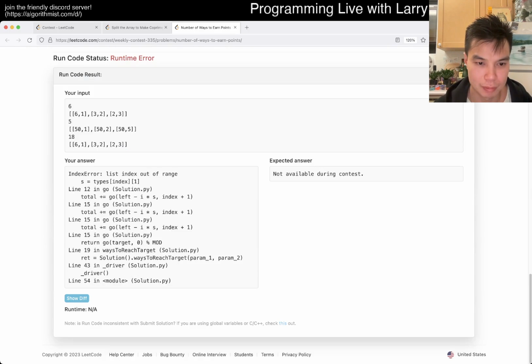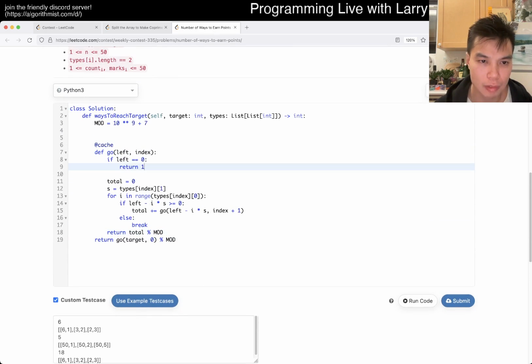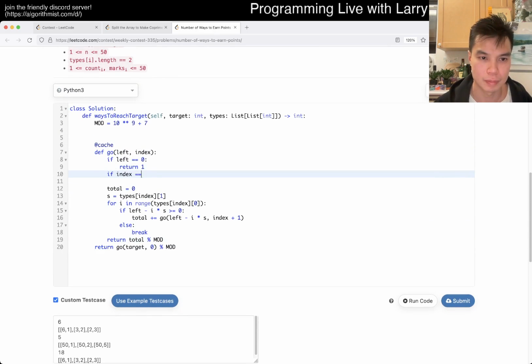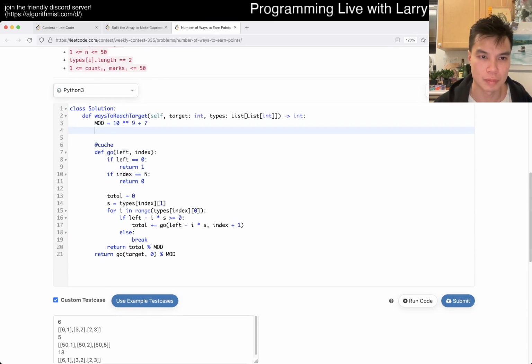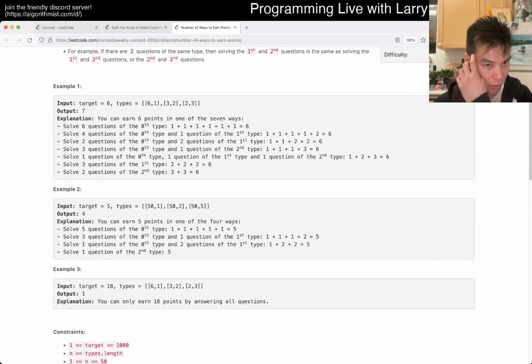What? Really? Did I misunderstand it? This should be roughly right. Wait, why am I getting it wrong?